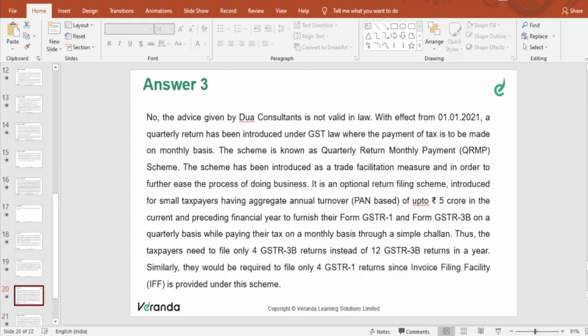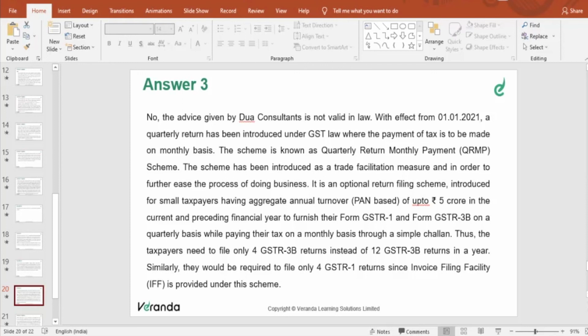Now the same scenario, but the turnover was actually 1 crore each: 1 crore in Tamil Nadu, Karnataka, and Delhi. The total would have come to 3 crore rupees. I am eligible for the QRMP scheme, but it is not mandatory for me to adopt QRMP in all three states.